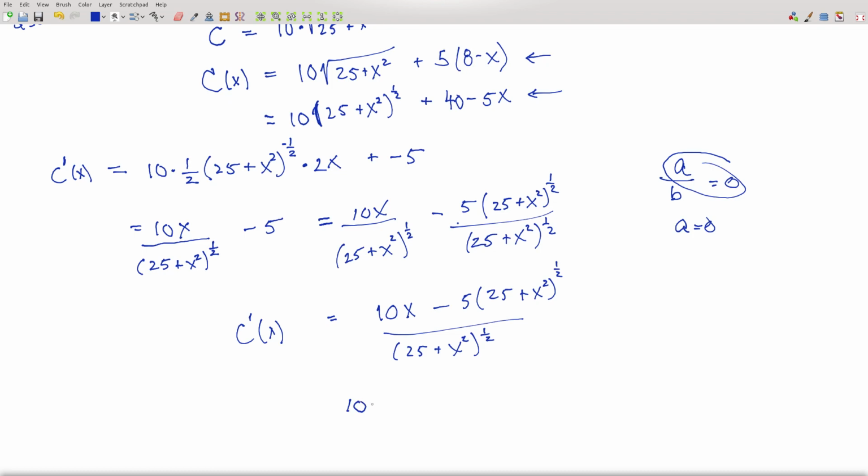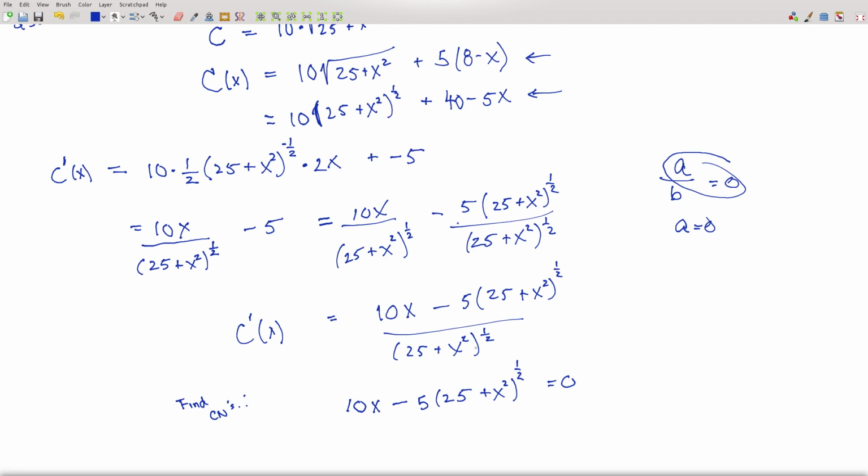So this is now 10x. What we're doing here is we're trying to find critical numbers. Okay, and we're setting the numerator equal to 0. So 10x minus 5 times the quantity 25 plus x squared to the 1/2 power is equal to 0.